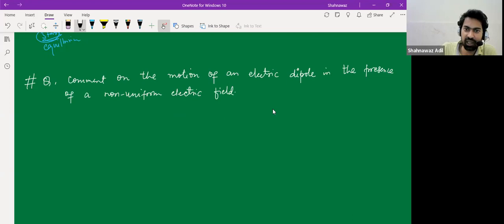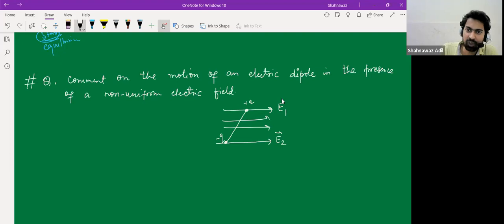So let's say at this point the electric field is E1. Let's say this is positive Q, and at this point minus Q. The separation is different, and at this point you have the electric field E2, so you see that the electric field is different.